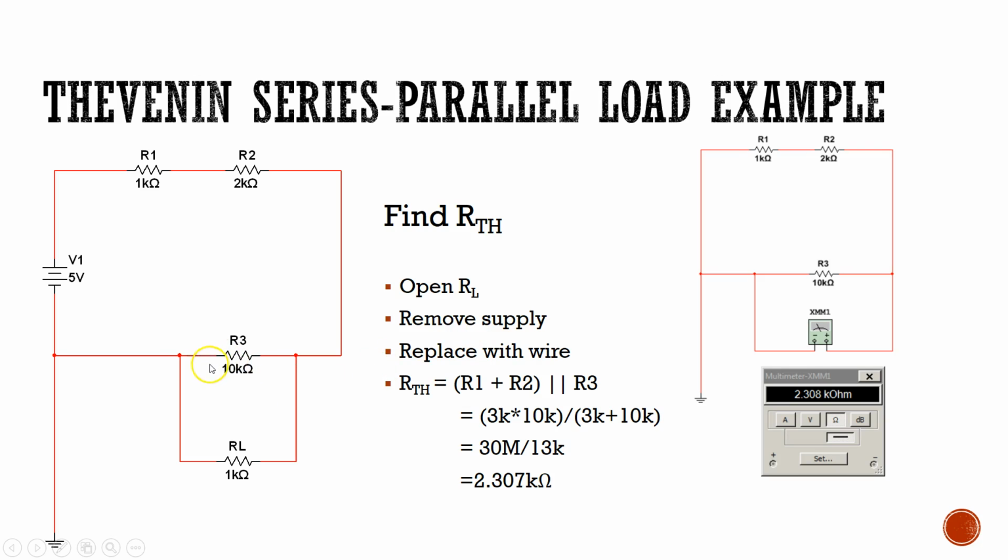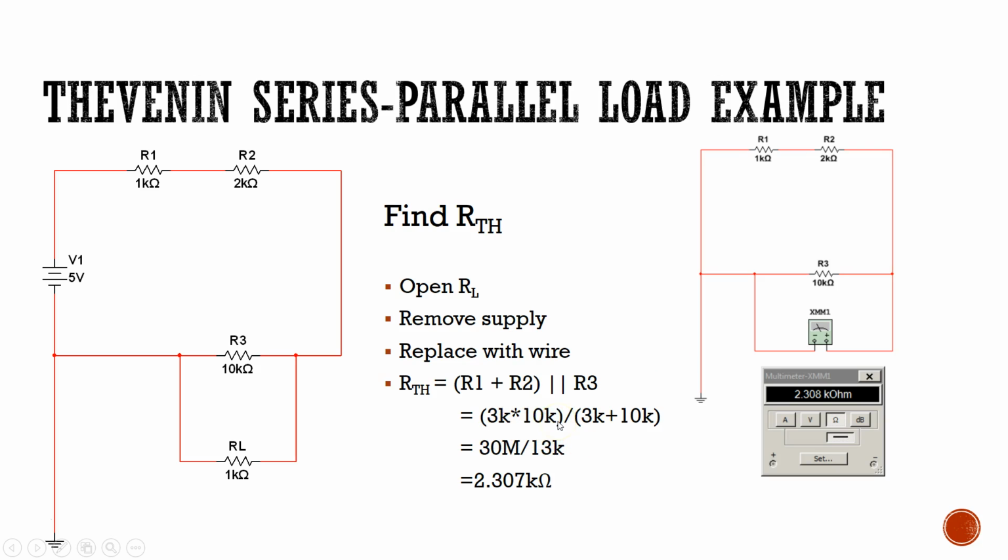In this case, the next step is to remove the supply and replace it with a wire. And once I do that, that puts this point in parallel with this point. So R1 plus R2 is in parallel with R3.